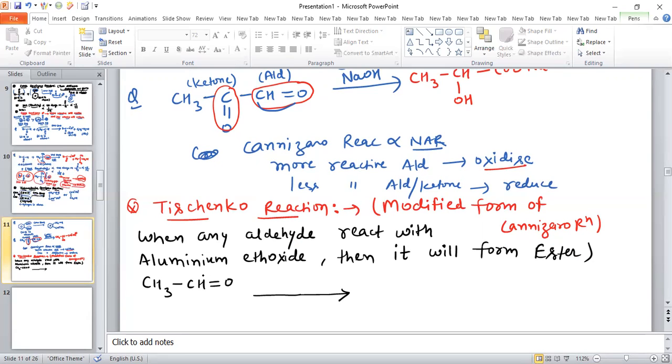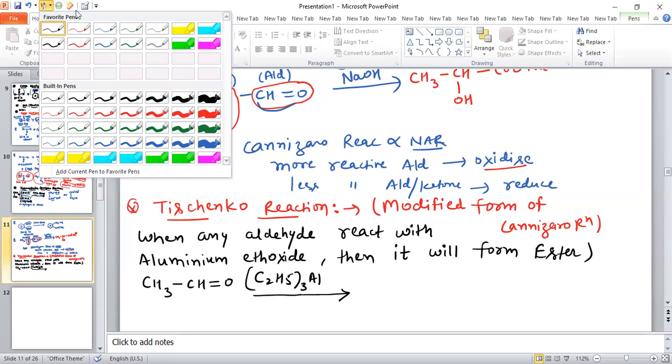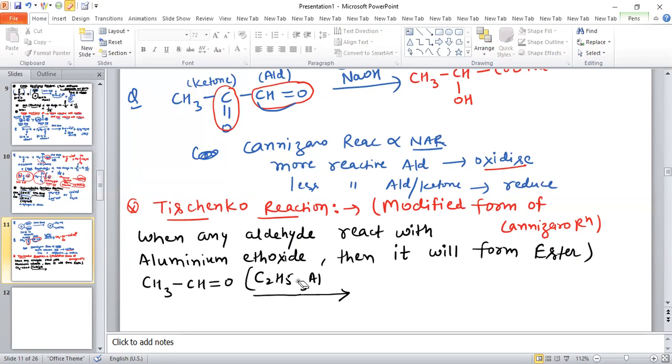So what is aluminium ethoxide? Aluminium ethoxide is basically formed from triethyl aluminium, with oxygen added, if you want to draw this.